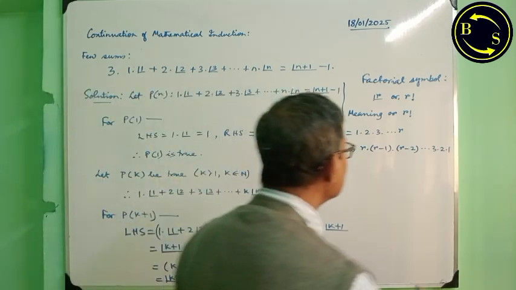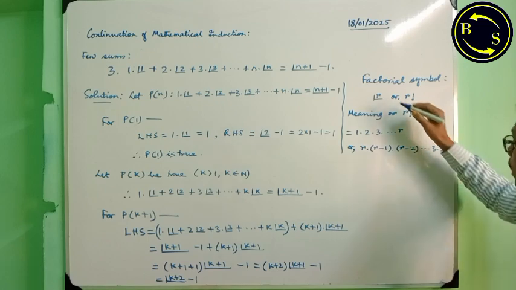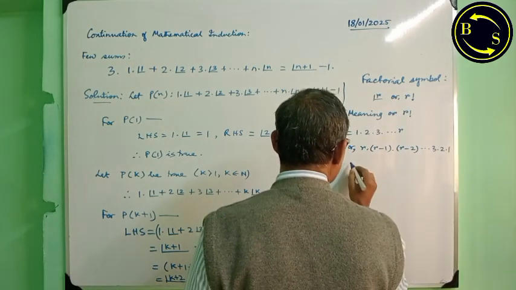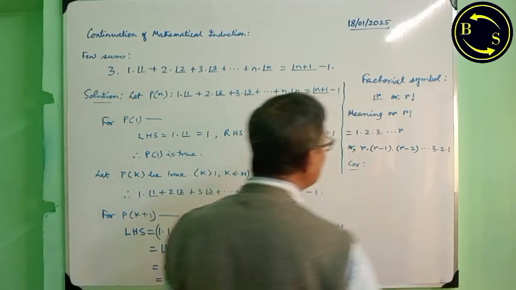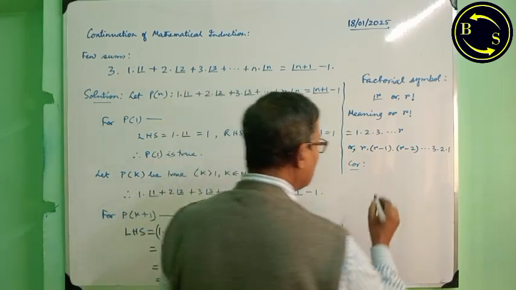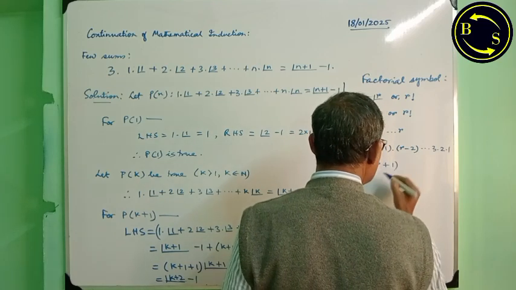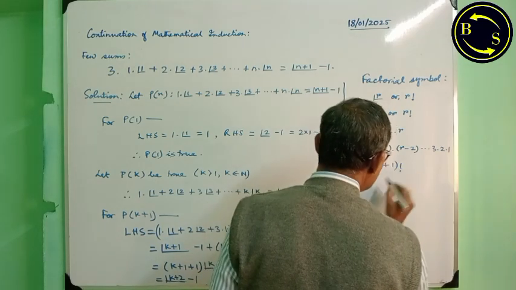Now let us recall factorial r plus 1, factorial r. We can make the result r plus 1 factorial. That is how much?